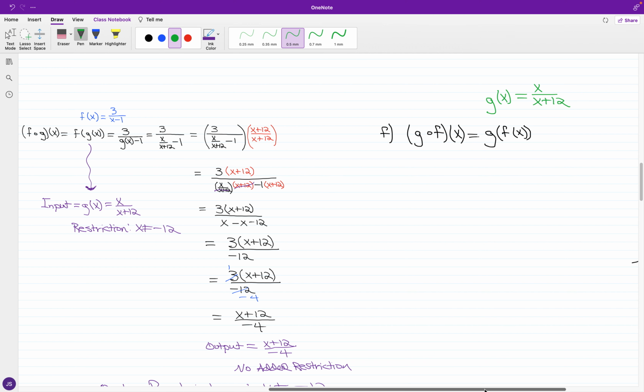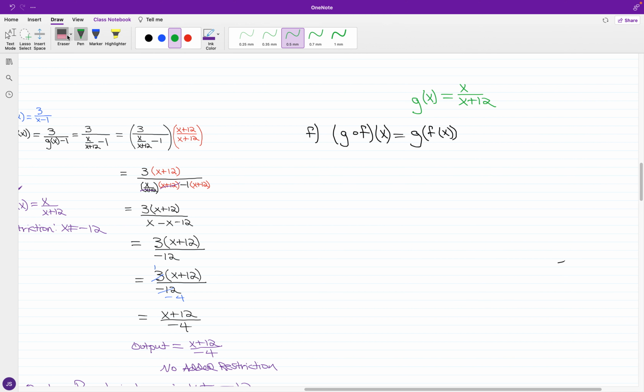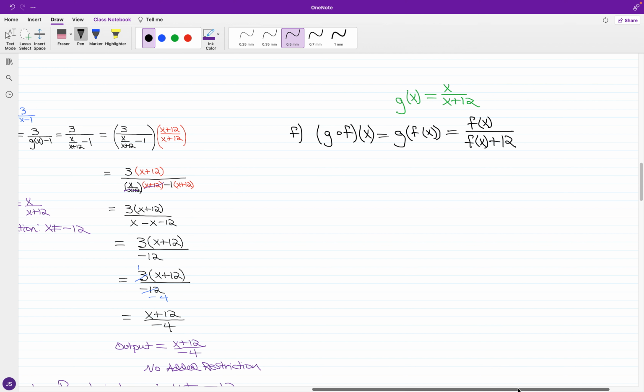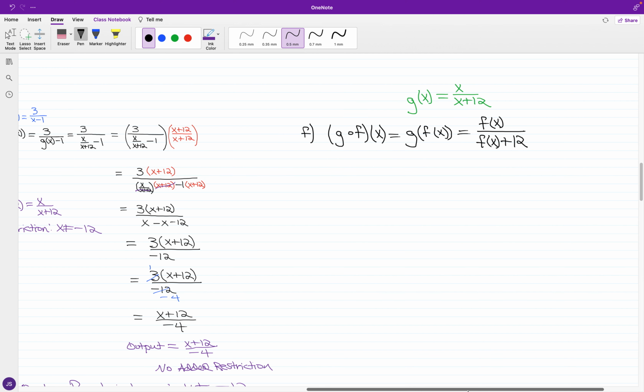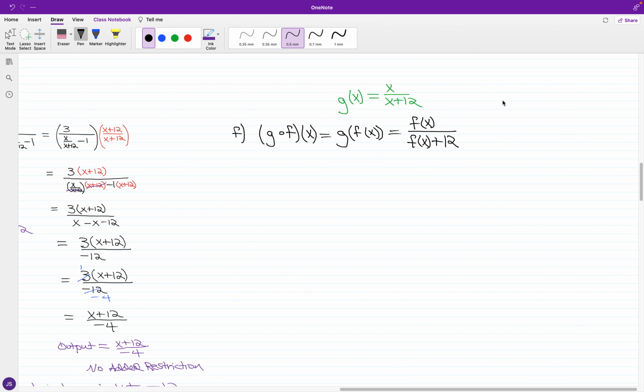Now with the input at f of x, you're looking at f of x all over f of x plus 12, and for f of x, again, we had 3 over x minus 1.